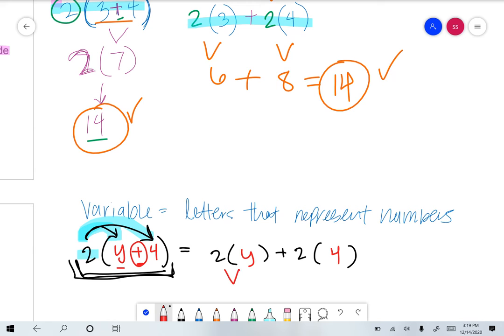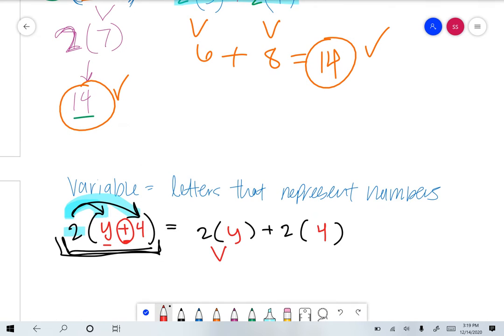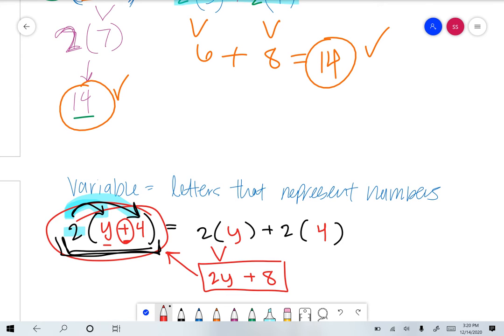Now, 2 times y, again, I'm not going into details on why this is the case right now, so you'll have to just trust me for a couple days, and then when we get back from break, I'll explain all of this. But 2 times y would simply be 2y. And then 2 times 4, we would get 8. So this right here is the simplified version of this.